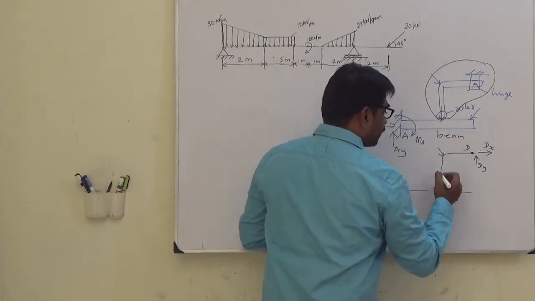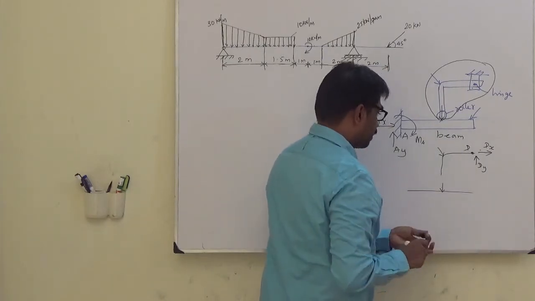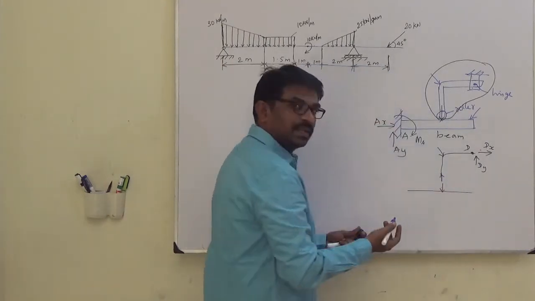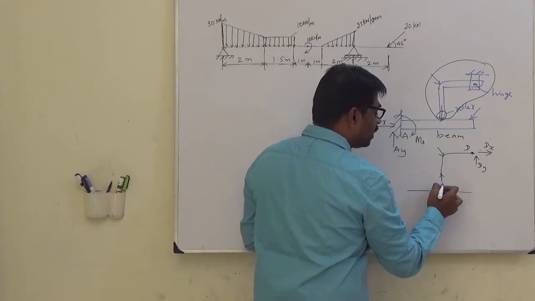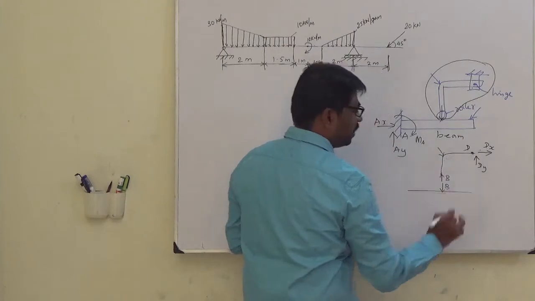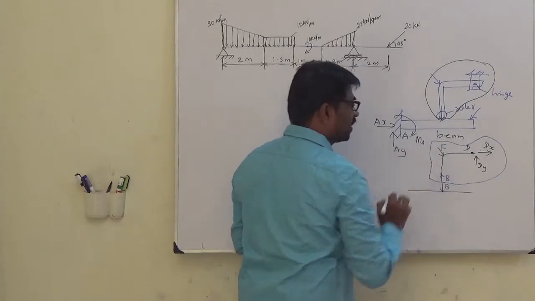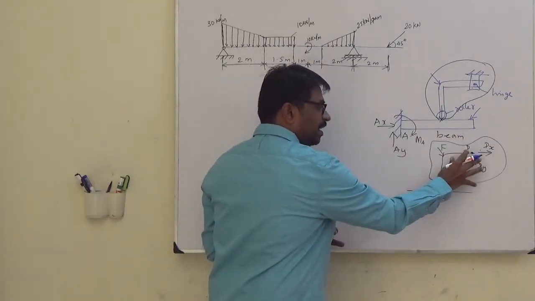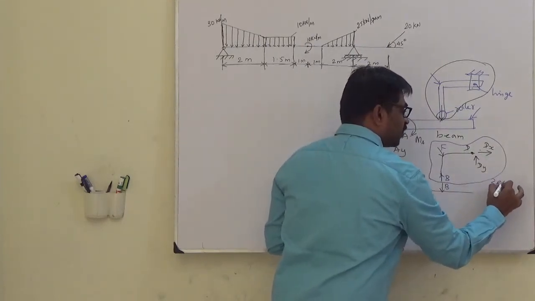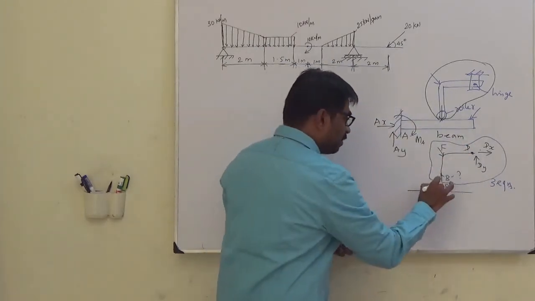The effect of this beam on the roller will be, by Newton's third law, equal in magnitude and opposite to each other. Say if it is B, this will be B. Now I am considering this as a rigid body with some force acting. So we will use all the 3 equations for this and find out B, and substitute that B here.